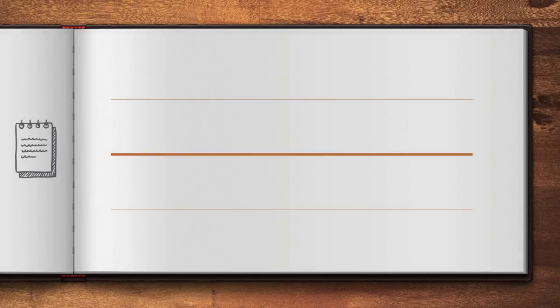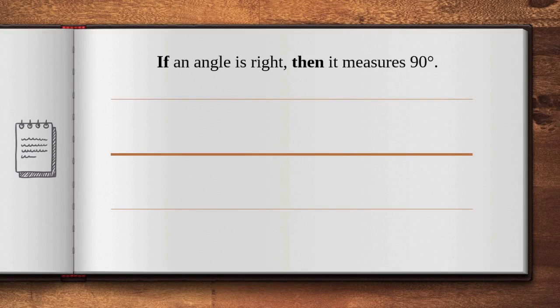Like I said a while ago, let us introduce a few more statements. Here, if an angle is right, then it measures 90 degrees. This is our conditional statement. Now, instead of changing the position of the conclusion and the hypothesis, this time we will negate the conclusion and the hypothesis. When we say negate, we write the opposite of each part.